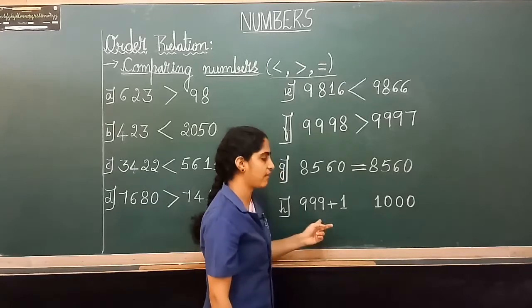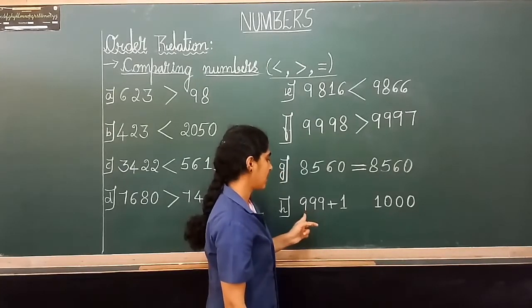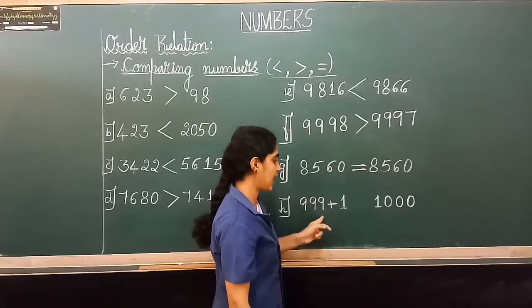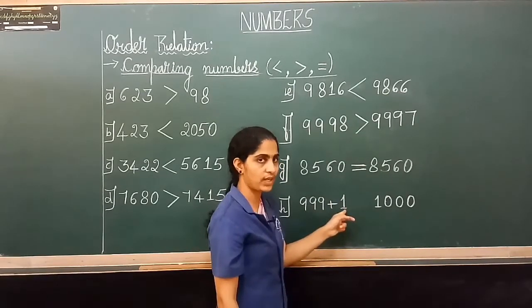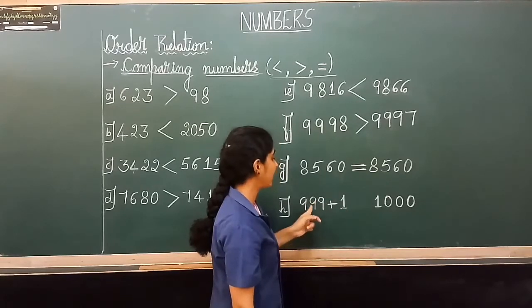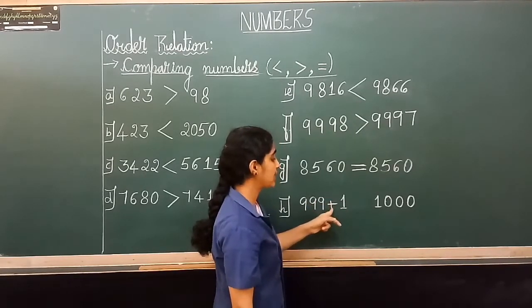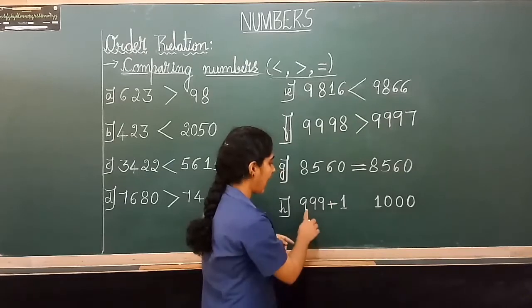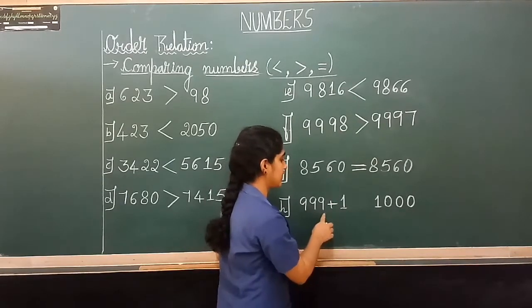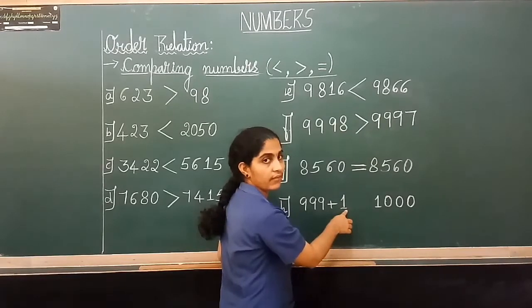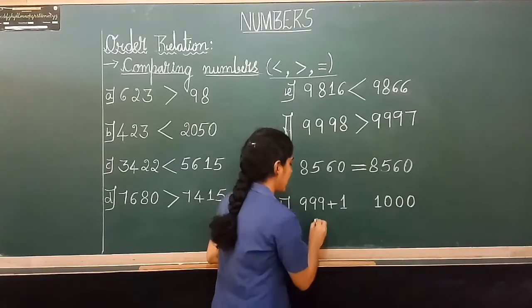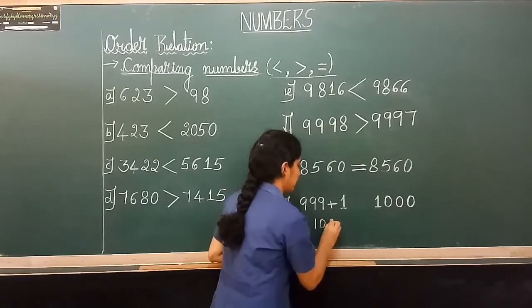Now here we have number 999 plus 1. What do we have? 999 plus 1. When we add 999 plus 1, we get the answer 1000.